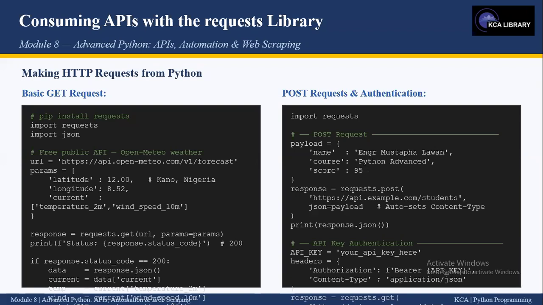Robust error handling is critical when working with APIs. We use a try except block to catch timeout errors and HTTP errors using raise_for_status, which automatically raises an exception for 4XX and 5XX responses, and connection failures.